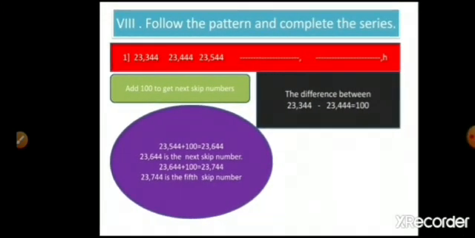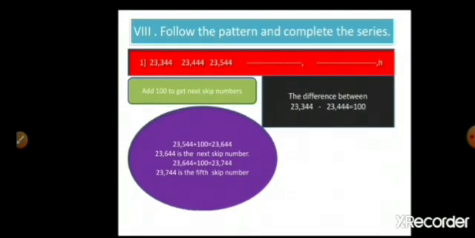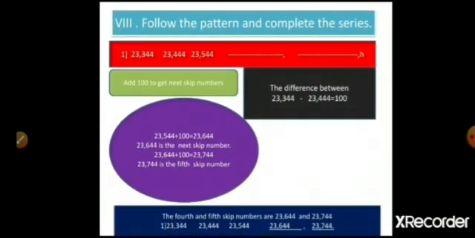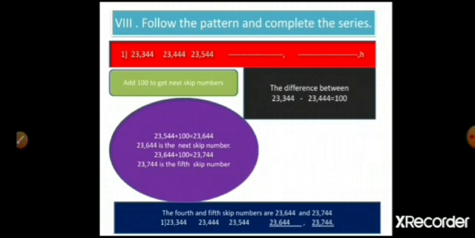Like this we fill the two skip numbers. The fourth and the fifth skip numbers are 23,644 and 23,744.